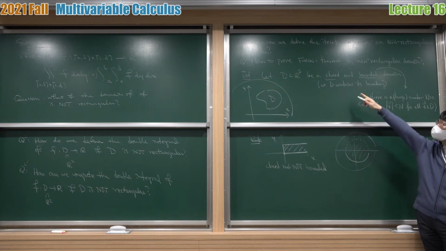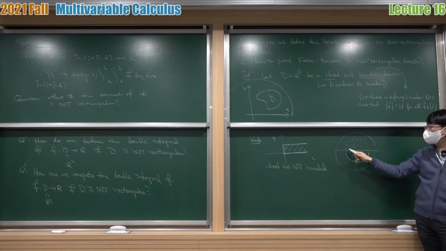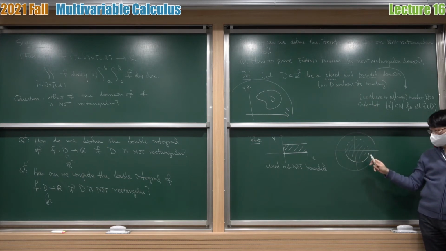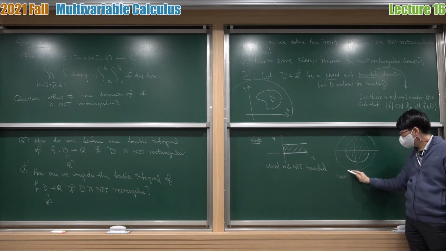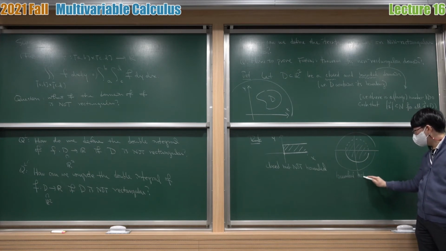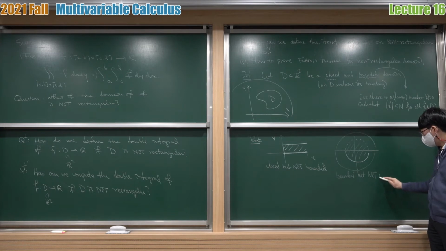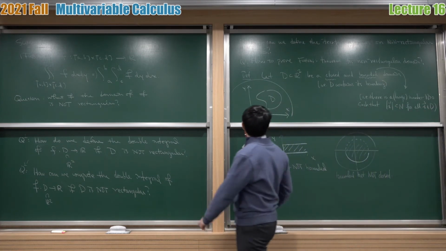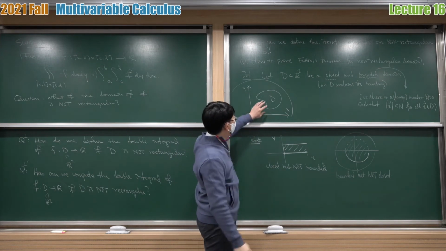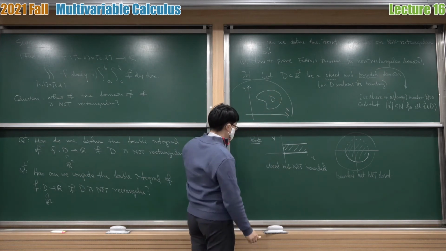In order to be closed, it should contain all of its boundary. So this is bounded but not closed. Let's work with this situation for now. We are talking about closed and bounded domains.